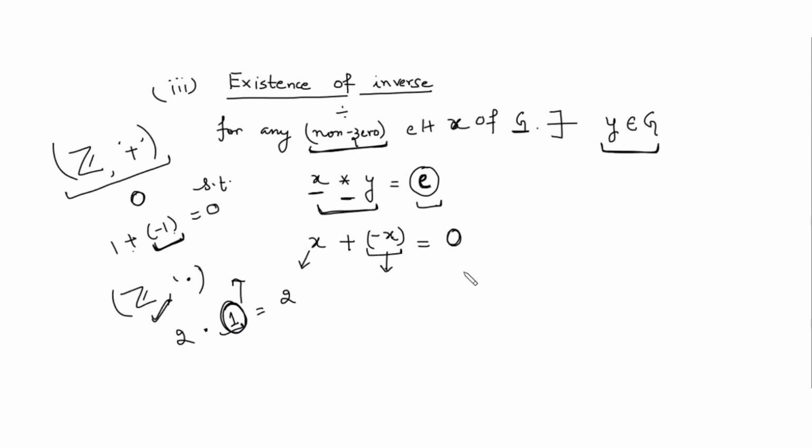What about the inverse? Does not exist. Now why? Same for 2. If you consider 2, by which number do you multiply so that you will have 1? 1 upon 2. Is 1 upon 2 an integer?